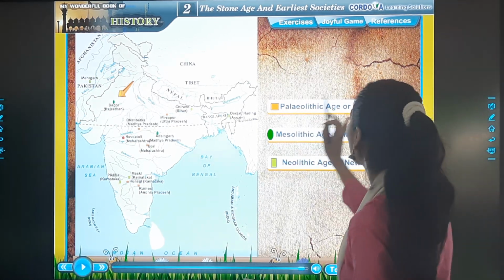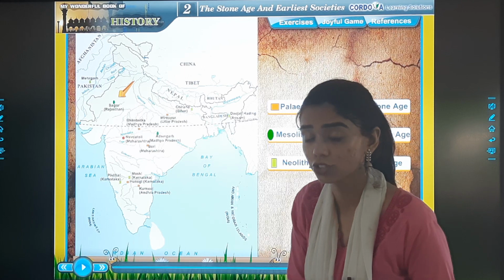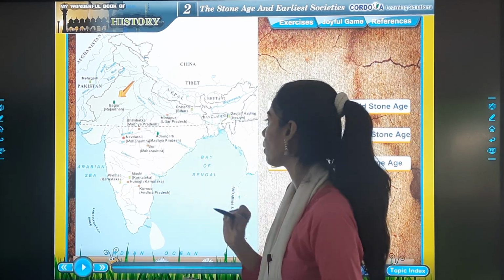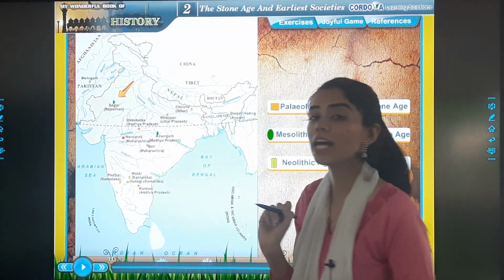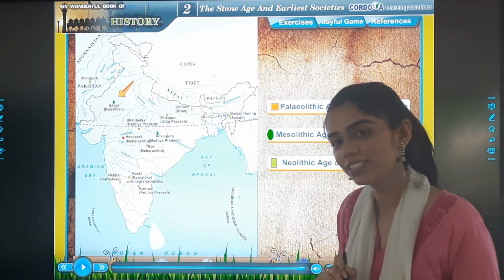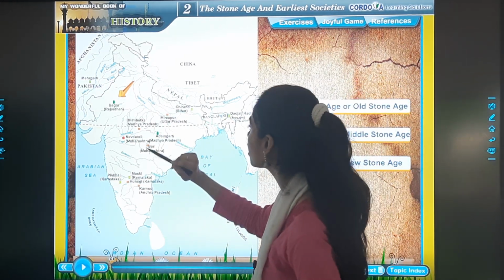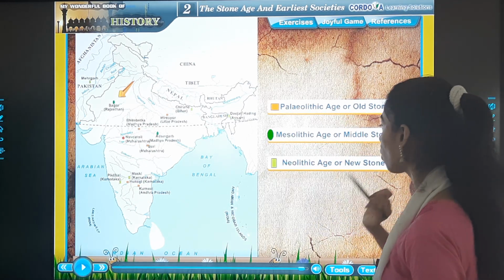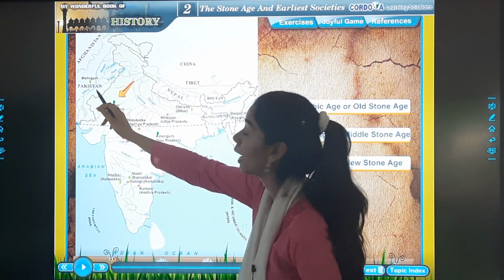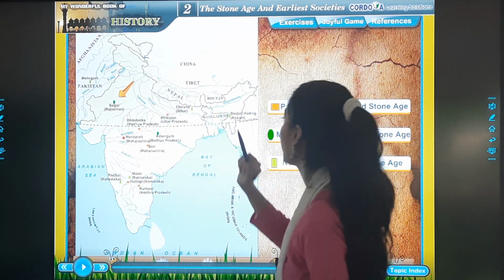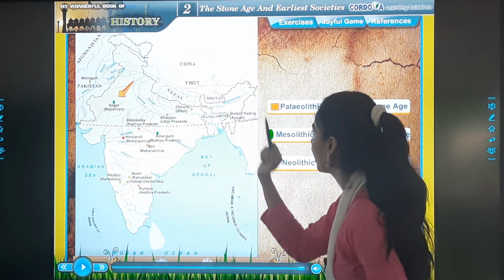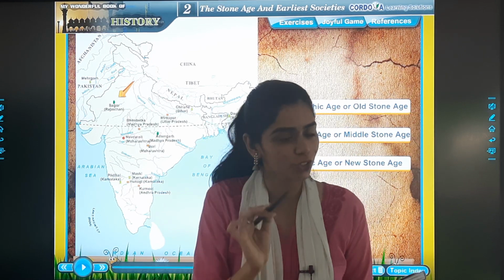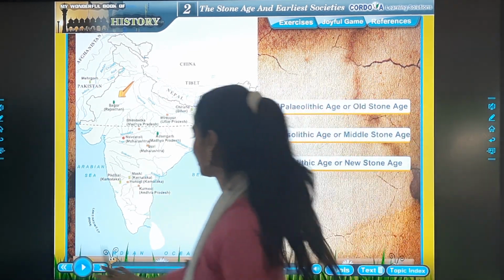Now, suppose we talk about the Paleolithic age or the Old Stone Age. सबसे पहले वो कहाँ पे पाई गई? मिर्जापुर, बोरीनमारा. Look at it carefully. Okay, let's start.